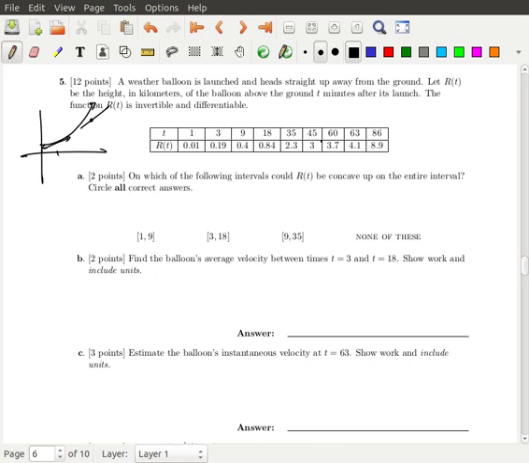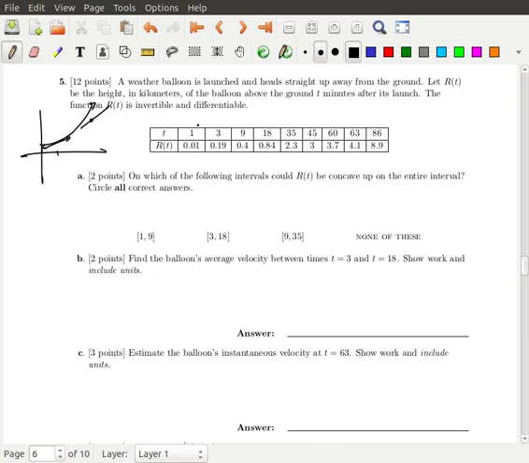So let's look at 1 to 9 first. So we're going to take the slope between t equals 1 and t equals 3. So I'll do 0.4 minus 0.01, and then I'll divide that by, not 0.4. Sorry, I'll do 0.19 minus 0.01, and then I'll divide it by 3 minus 1.